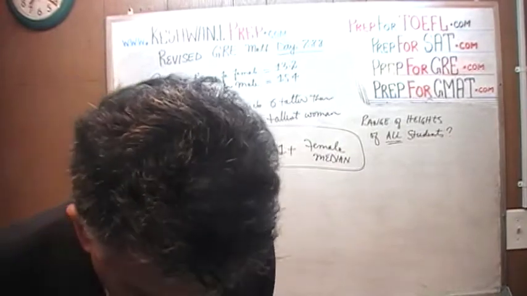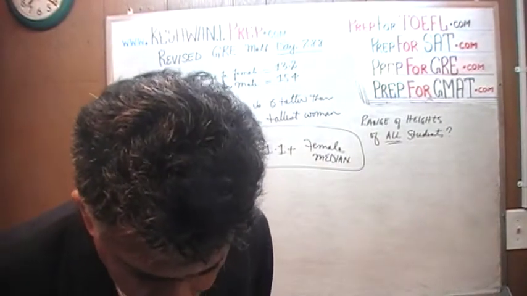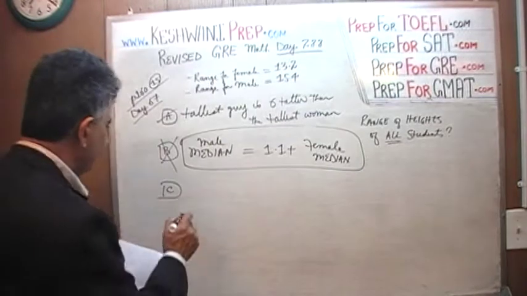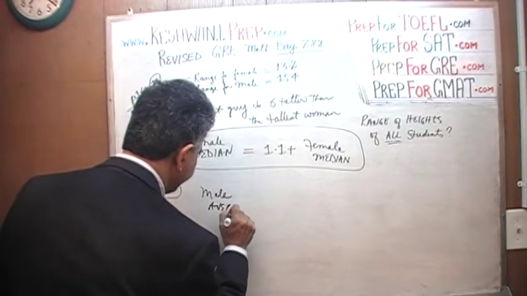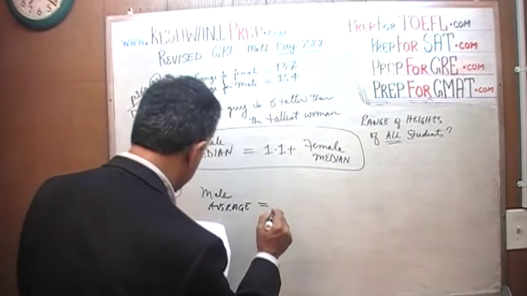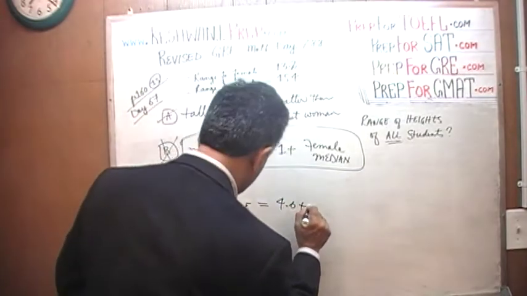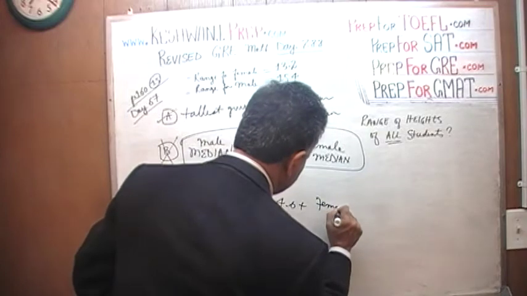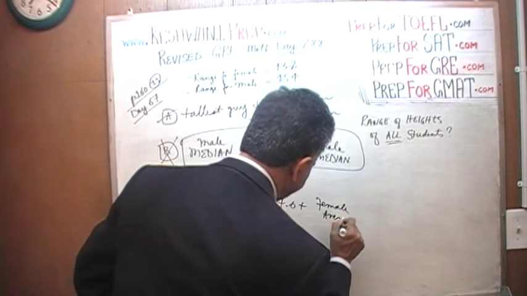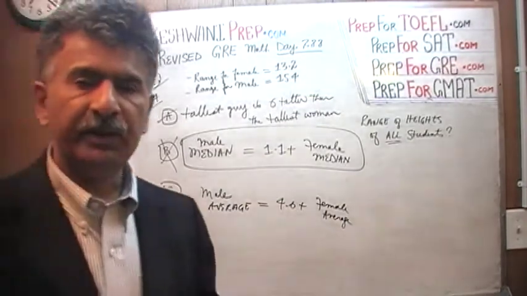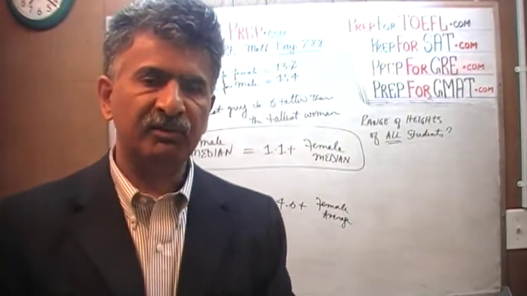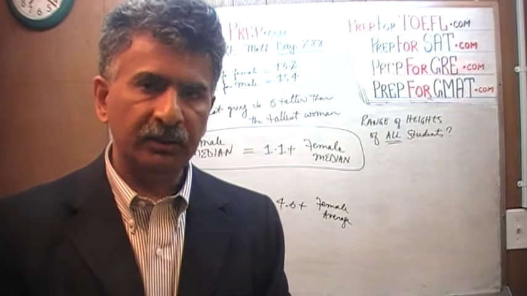Statement C goes on to tell us that the average height of the male student in the class, the male average, is 4.6 inches more than the female average. Again, if I tell you that I have 3 numbers and their average happens to be 4, we can't really tell what the range is.